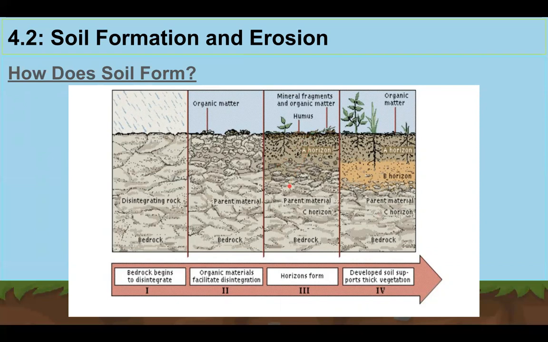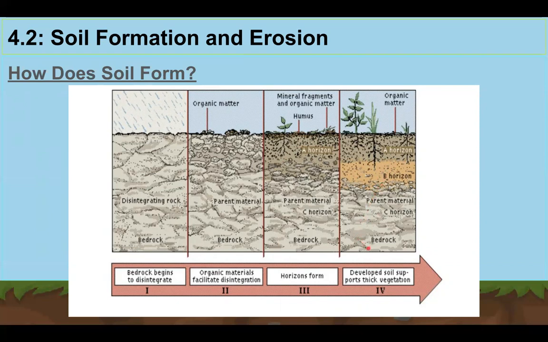Eventually we're going to get a mix of the rock, which is heavily broken down now, where we have much tinier sediment, as well as organic matter, the humus. And eventually it's actually going to stratify, where we'll have several layers of distinct parts of the soil.